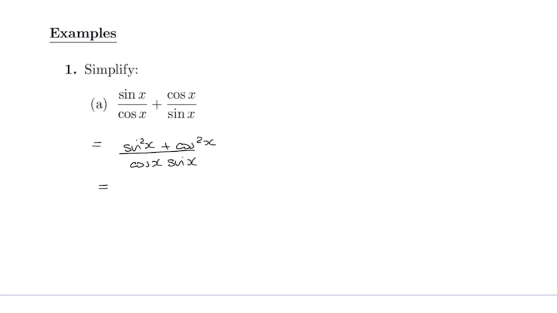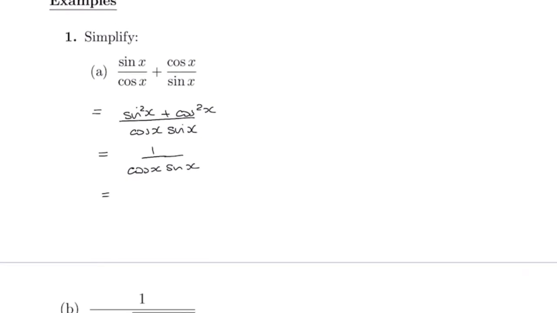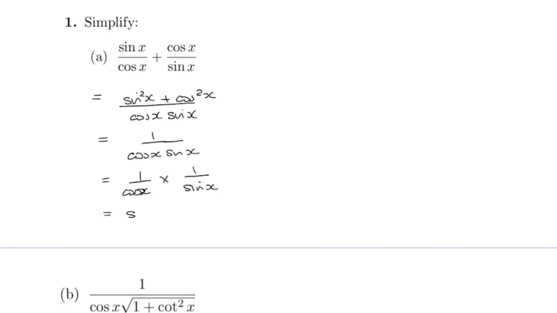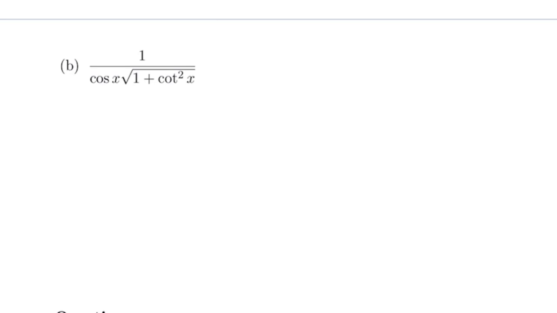Of course, from last year, sin squared x plus cos squared x is 1, and then we get cos x times sin x in the denominator, and then we're going to split that up, so we get 1 over cos x times 1 over sin x, and of course 1 over cos x is sec x, and 1 over sin x is cosec x. So that was simplifying it.